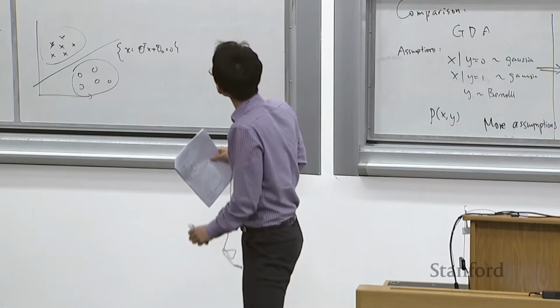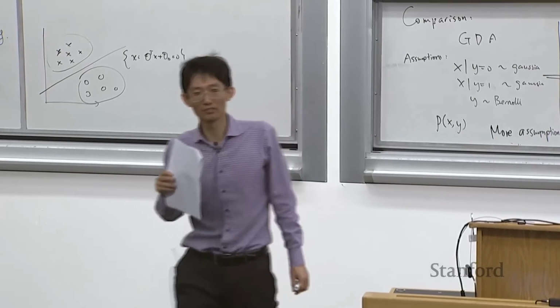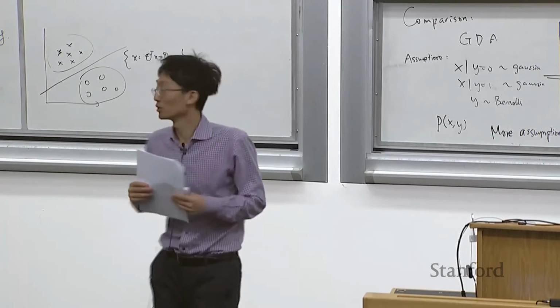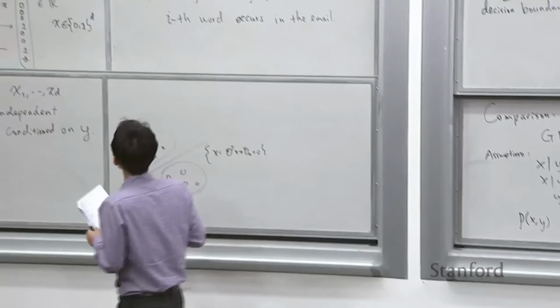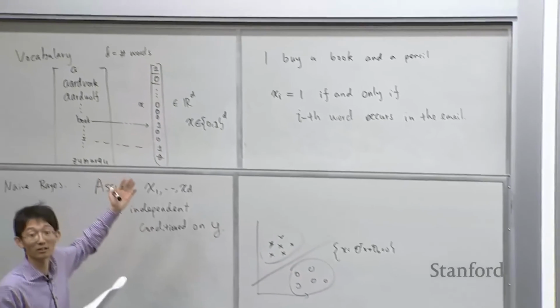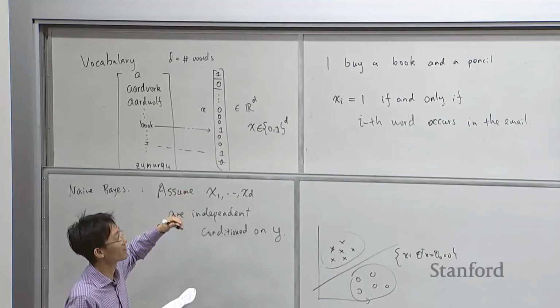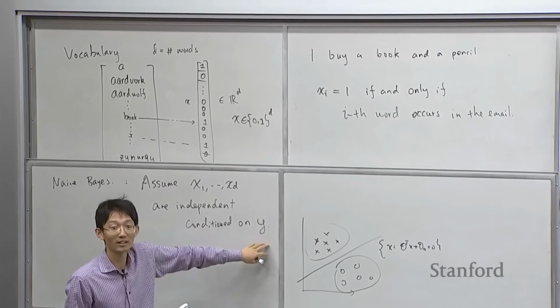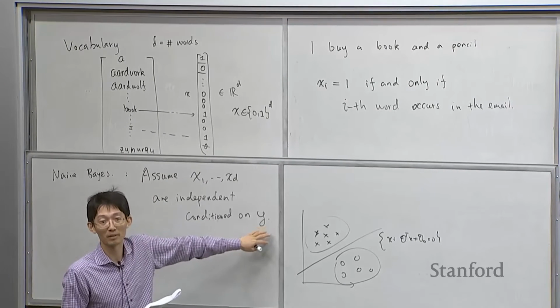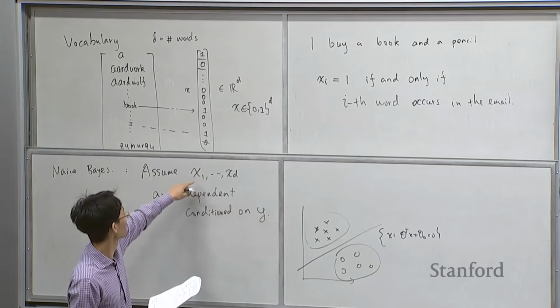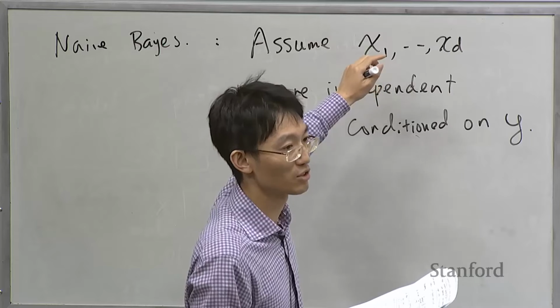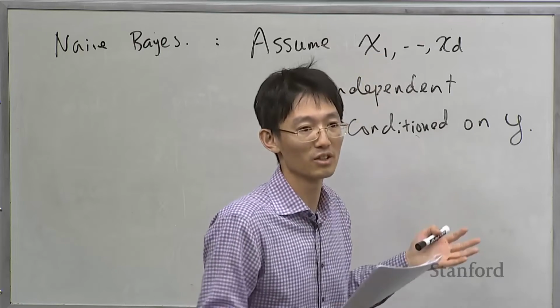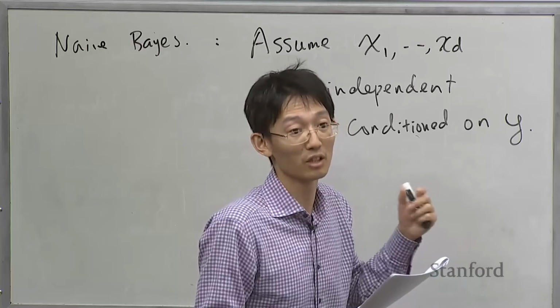I think it's more about the first case. Certainly not all the words are equally likely to appear, right? So basically I'm assuming that given Y, given you have decided whether this is a spam email or not, every word is independent of each other, but they may have different probabilities.